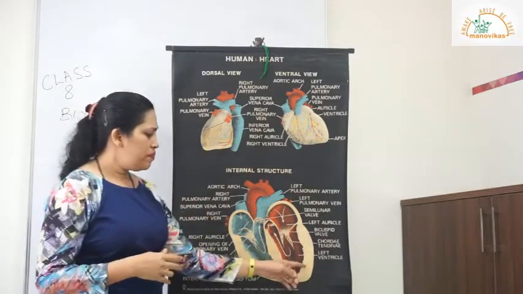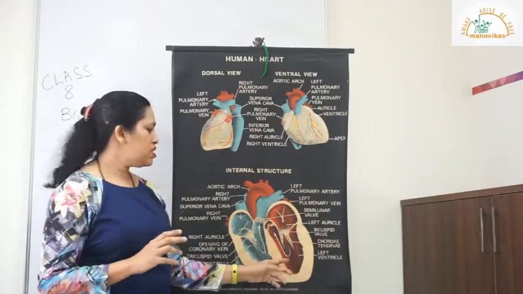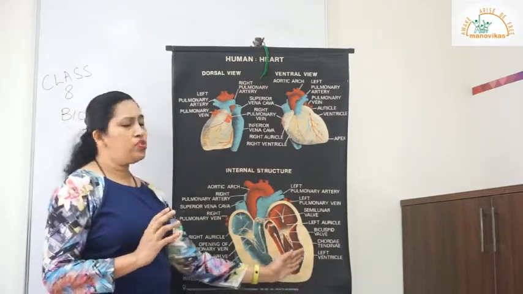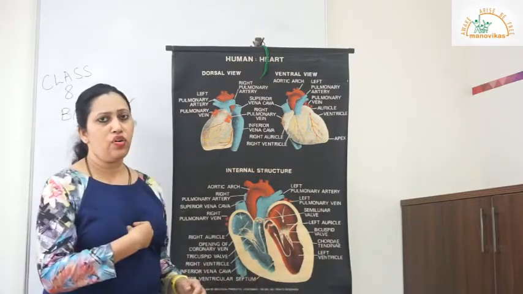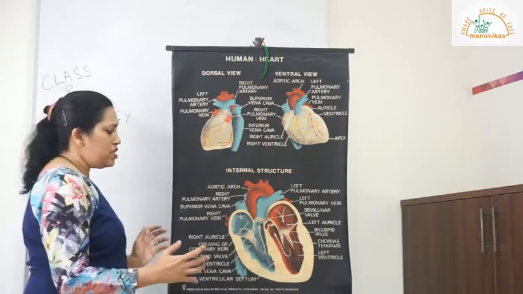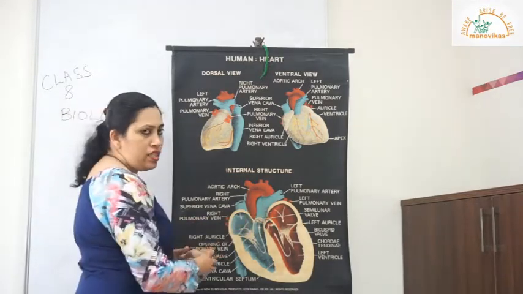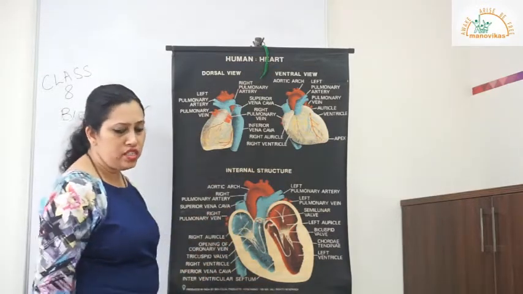Because one portion of it is tilted towards the left, it is said to be on the left side, but actually it is centrally located. Now, the blood vessels either bring the blood to the heart or take the blood away from the heart. So we are learning each one in detail.